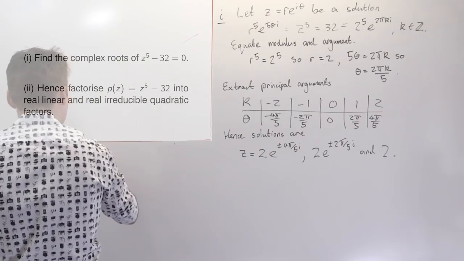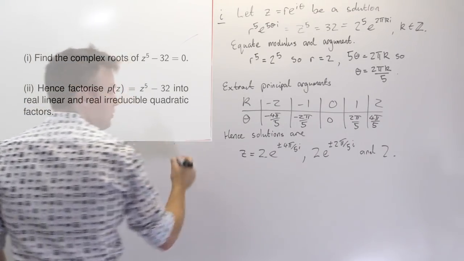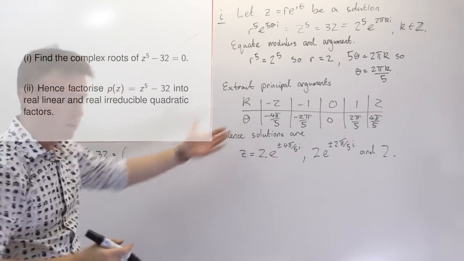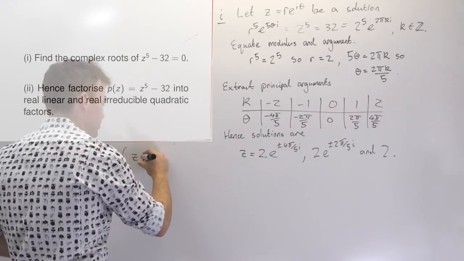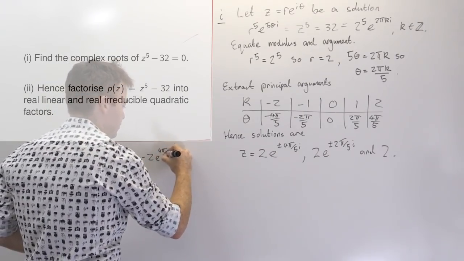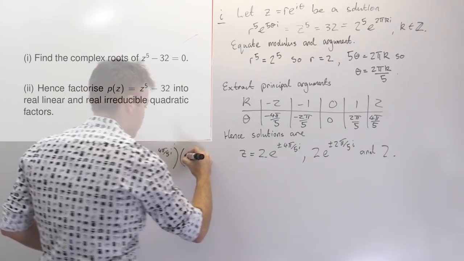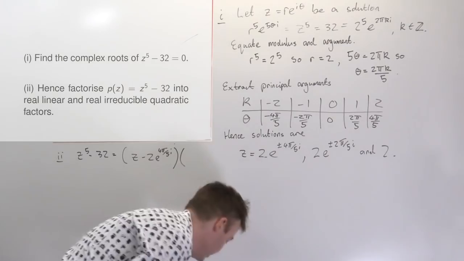So z to the 5 minus 32 is equal to, well, if these are the roots of this polynomial, then the polynomial has the following factorization.